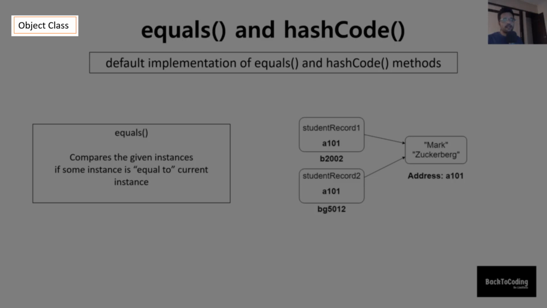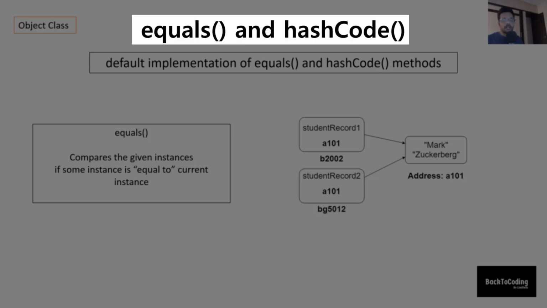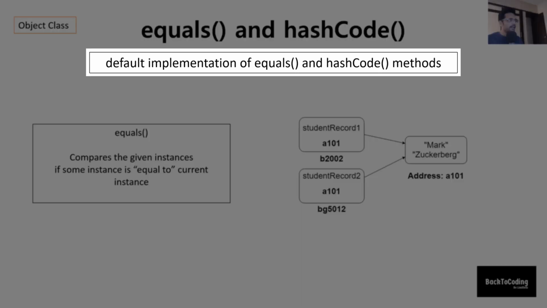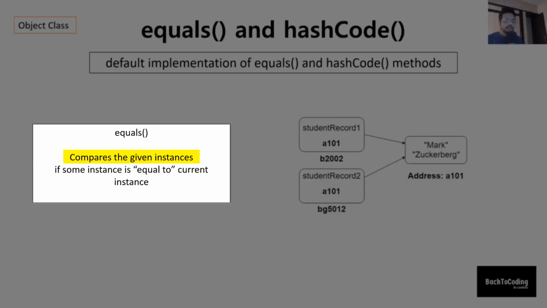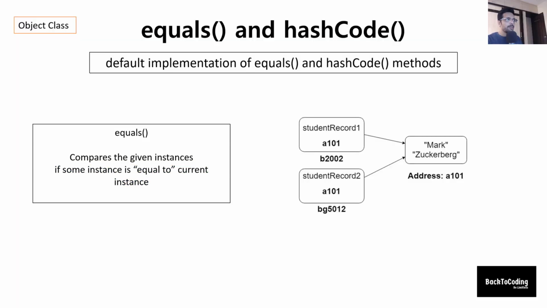The Object class of Java has two very important methods, equals and hashCode. So whatever class we create gets the default implementation of equals and hashCode methods. In Java, the equals method compares the given instance with the current instance. It is basically used to compare the instances' equality.